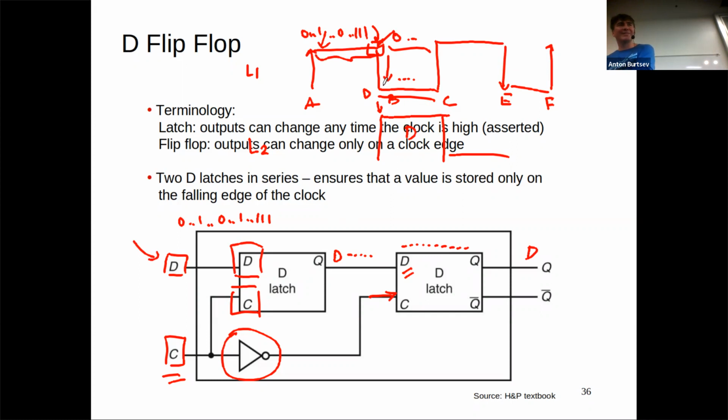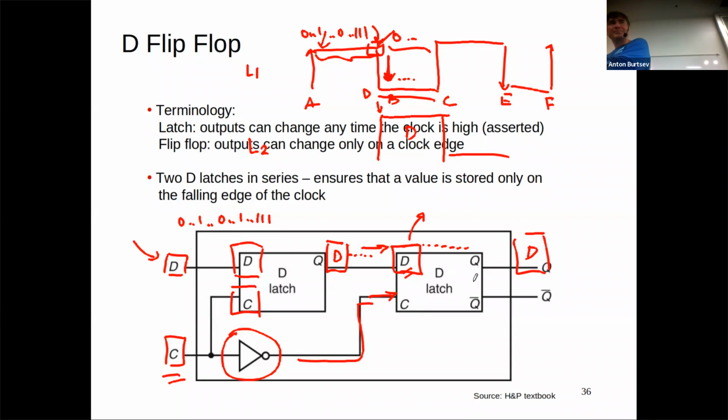Sorry, I thought we were talking about the second. No, yeah, we're talking about this D. But see what's happening here. Since this D got remembered on this falling edge of the clock and stays stable into the second latch, this latch sees it always as D because it's not even changing for this latch. But the clock is high for this latch, so this is where it remembers it.